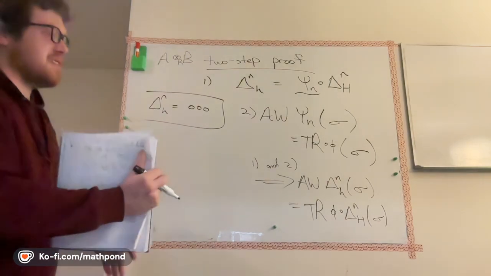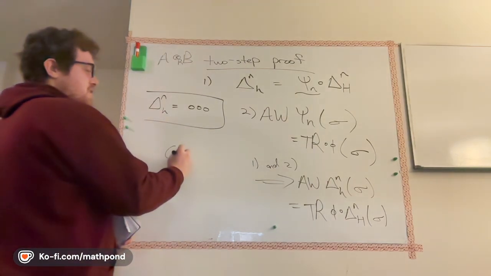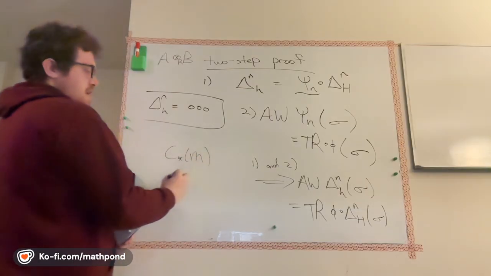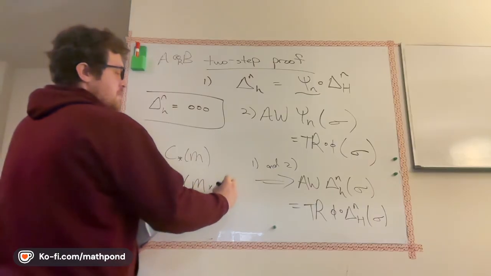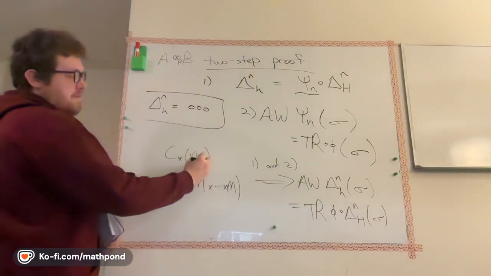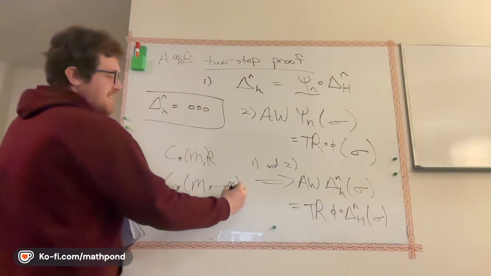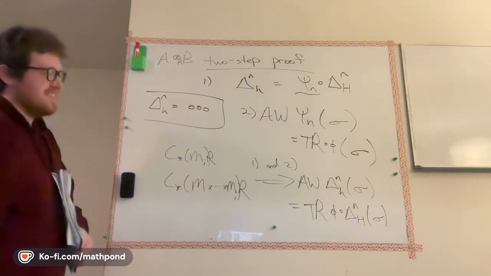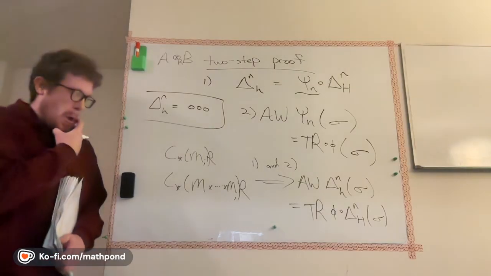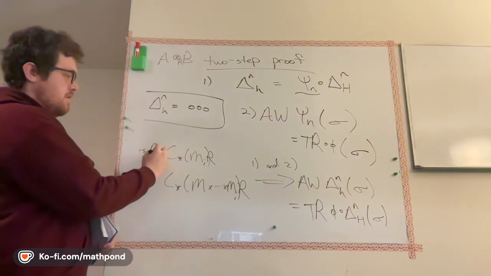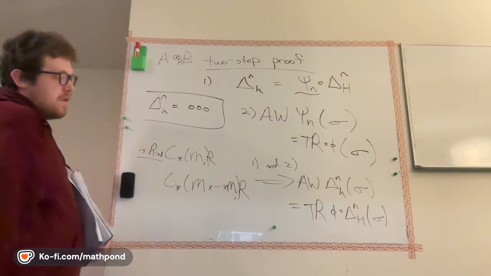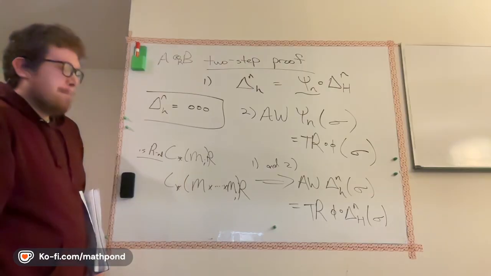So M itself is not an R module, but C star of M is an R module, and obviously C star of M tensor M tensor M is also an R module, if it's with coefficients in R.